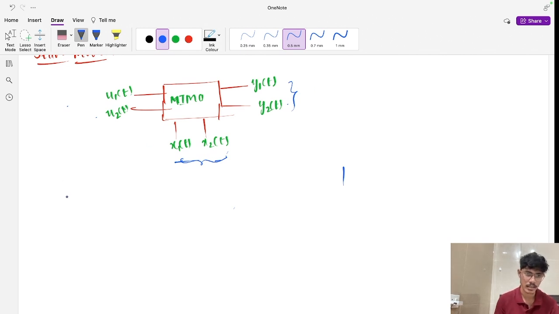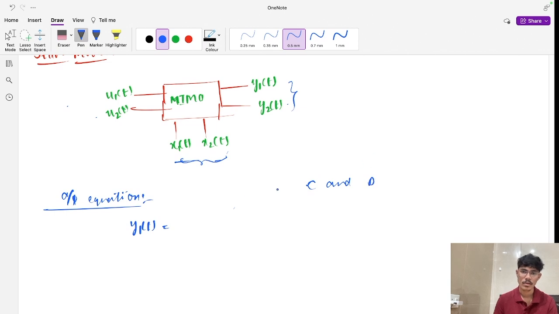Now we can see how to find the output equation. The equation of the first one, y1 of t, is written from the state variables and input variables. In this case, I am using constants c and d: c for the state variables and d for the input variables.